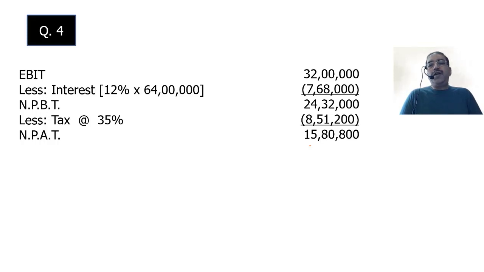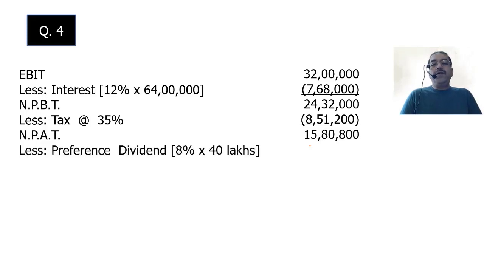From this net profit after tax, first I will calculate dividend on preference shares. Dividend on preference share is already given to me, 8%. 8% of preference capital, that is 40 lakhs. Okay, so less the preference dividend, 8% of 40 lakhs, 3,20,000. Then equity dividend is also 8%, but that capital is 80 lakhs.